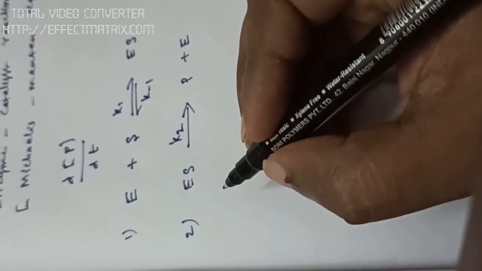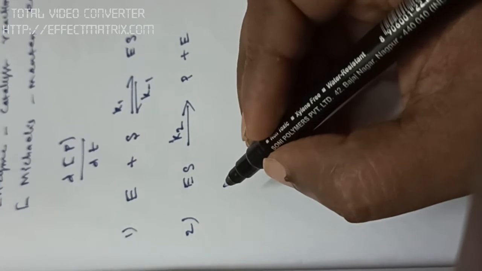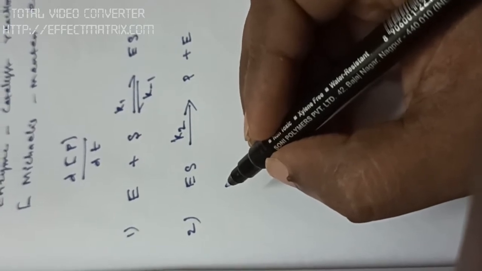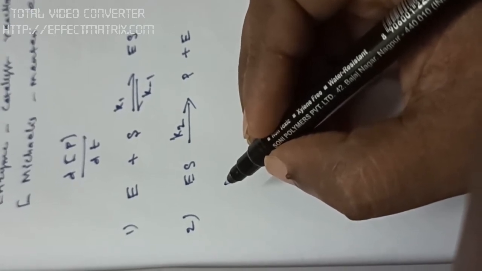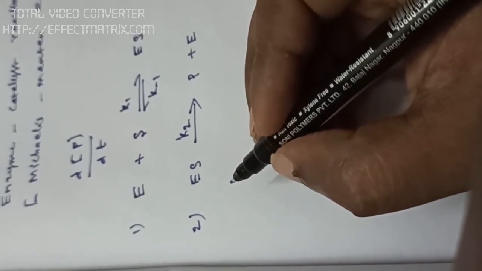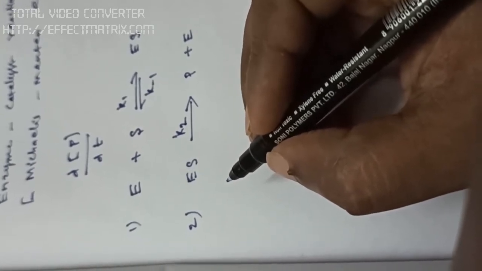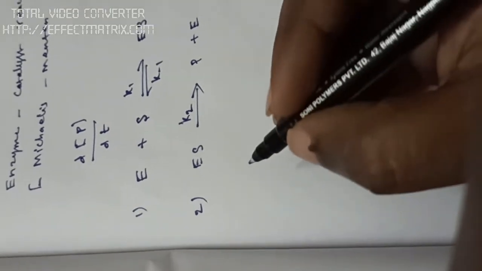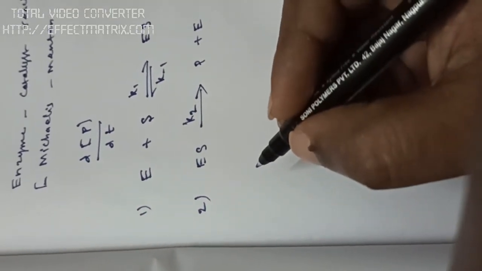In chemical kinetics, the overall rate of the reaction is often approximately determined by the slowest step, known as the rate determining step. So the second step is the rate determining step.